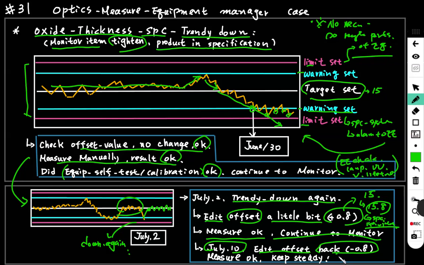The monitor value did not trend down again. The measurement is okay and keeps steady. Just from this action, editing the offset let the measuring go back to steady.